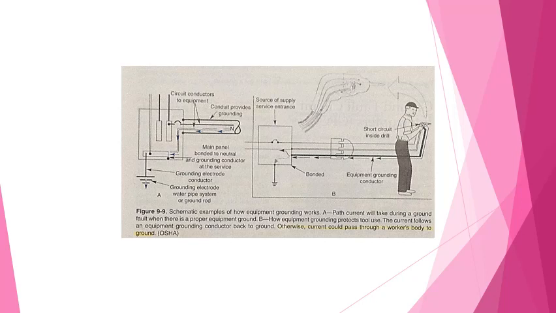Not only is this damaging to the electrical equipment, but it exposes the equipment user to the danger of shock. For this reason, all metal electrical enclosures, frames, wireways, and conduits must have good ground continuity. The relationship between the system ground and the equipment ground is shown in figure 9-10.